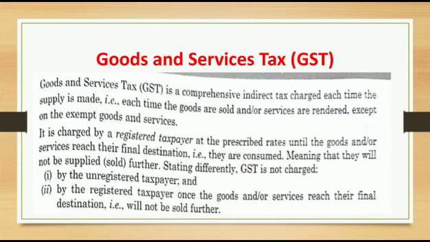The purchaser, the person who purchases goods, pays the tax to the seller. Then the seller is responsible to deposit this money to the government treasury. So it goes in an indirect form, not directly paid. That's why it is called indirect tax.